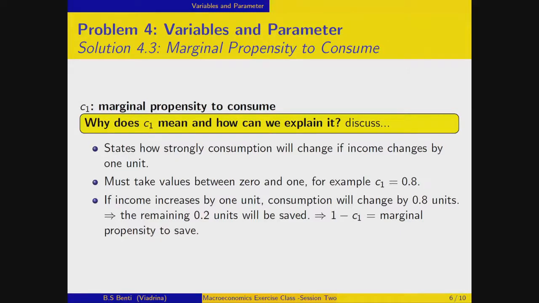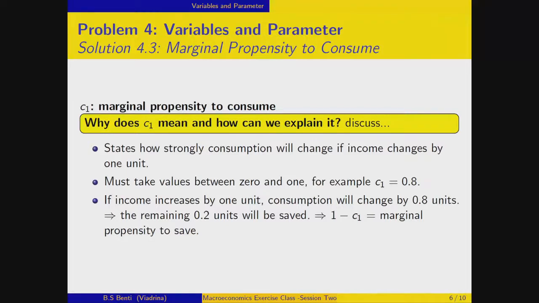For example, you can consider a marginal propensity to consume of 0.8. When you interpret 0.8, this is to say that if income increases by 1 unit, consumption would change by 0.8 unit. The remaining 0.2 unit will be saved. So 1 minus C1 represents the marginal propensity to save.